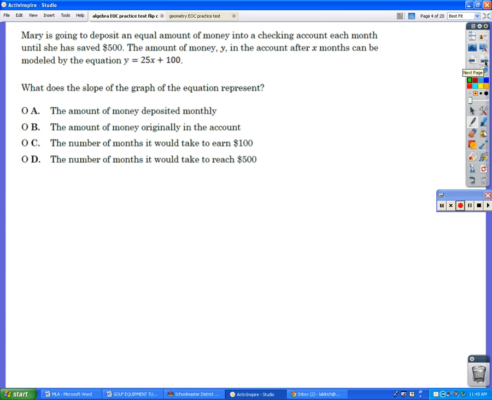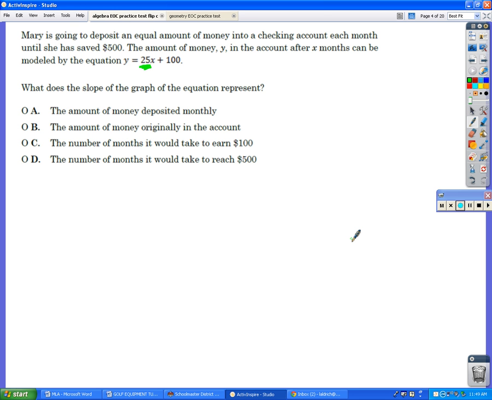All right, next one. Mary is going to deposit an equal amount of money into a checking account each month until she has saved $500. The amount of money Y in the account after X months can be modeled by the equation Y equals 25X plus 100. What does the slope of the graph of the equation represent? You've got a 25 there in front of the X. That's the slope, right? What is the answer?